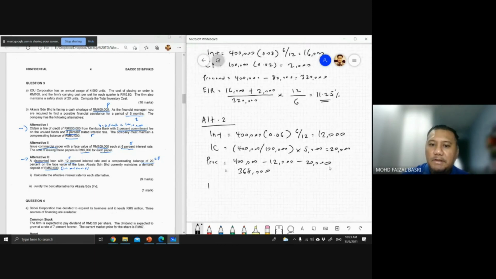So the EIR would be interest of 12,000 over principal of 368,000, times 12 over 6. So it's 6.52%.